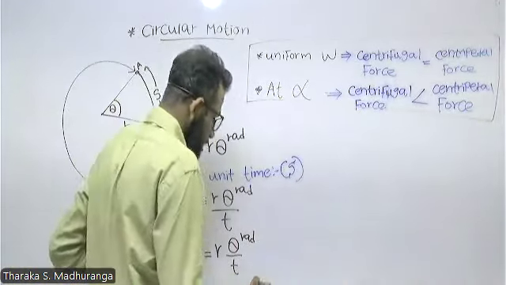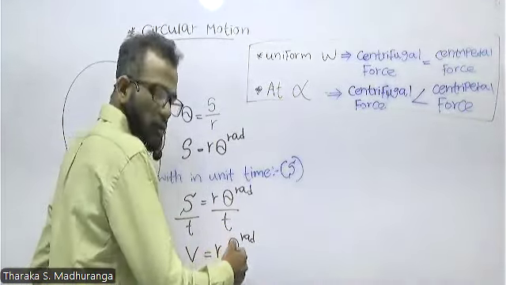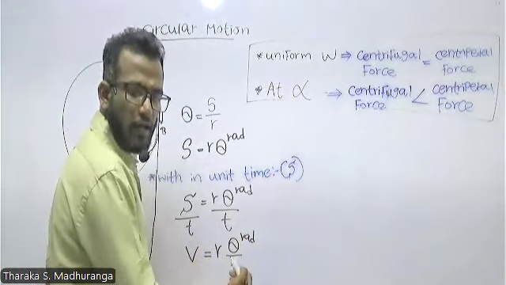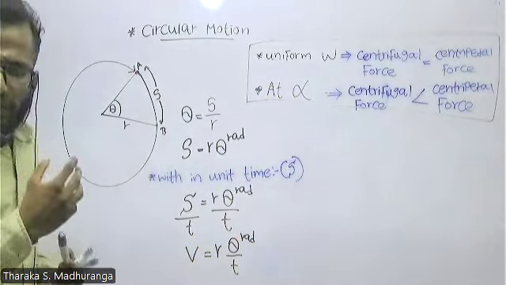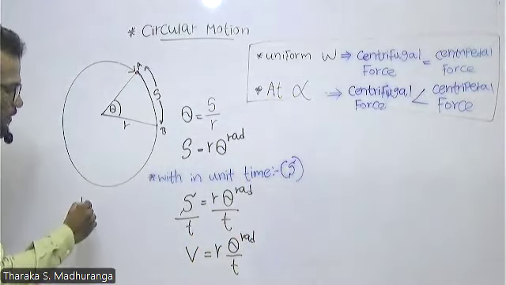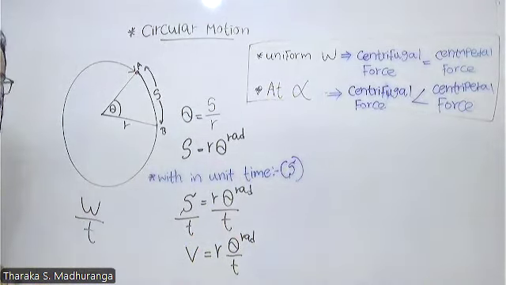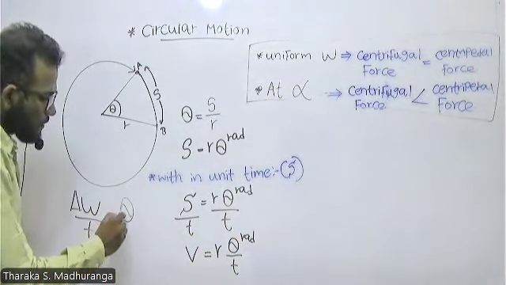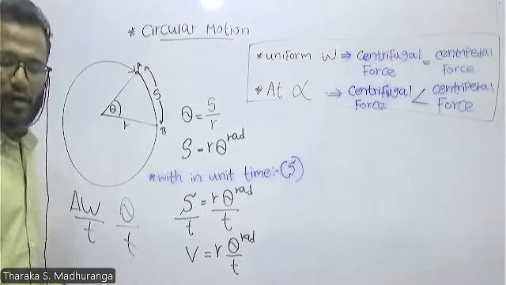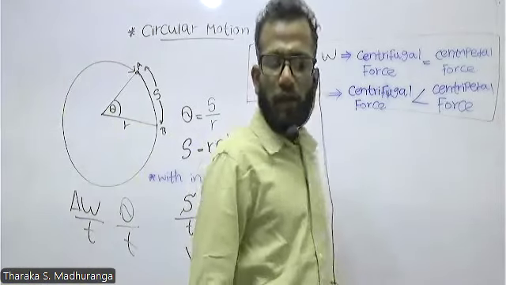They are very simple. Instead of this part, theta over time, the omega, angular velocity. Omega over time is angular acceleration, that means delta omega. The theta over time, it is omega, angular velocity.